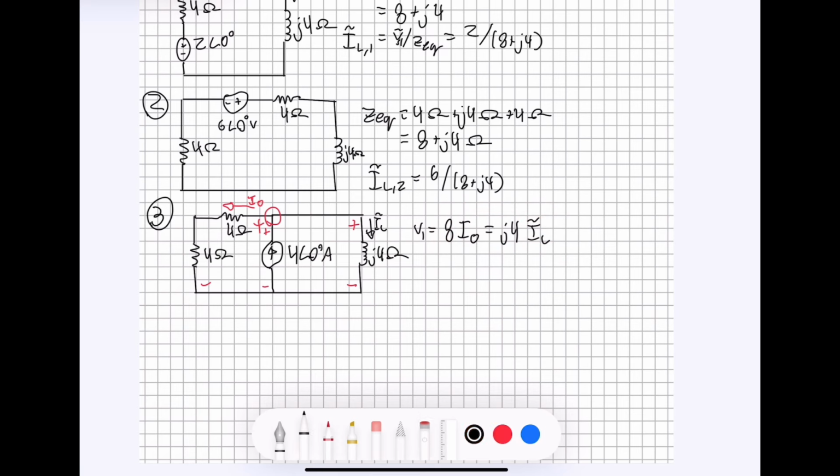Since we have 1 equation and 2 unknowns, we need 1 more equation before we can really relate these 2 terms. But we can find that using the current as well.